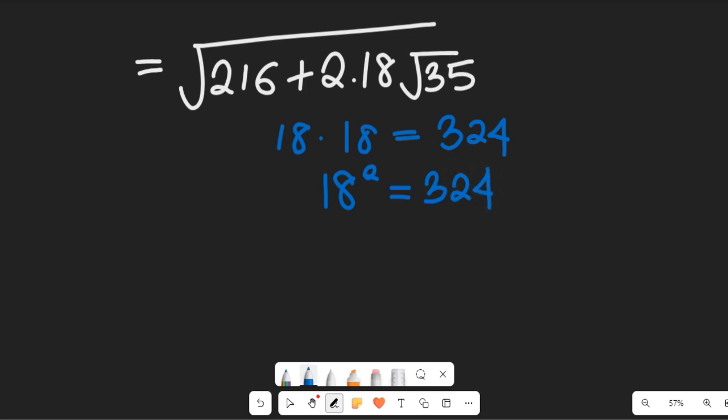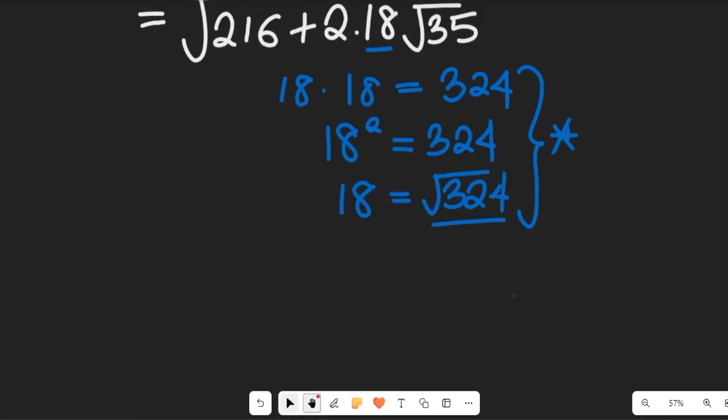And hence, that tells me that 18 can be equal to the square root of 324. So if this is logical, then I can do something in this expression. I can simply replace 18 with the square root of 324.